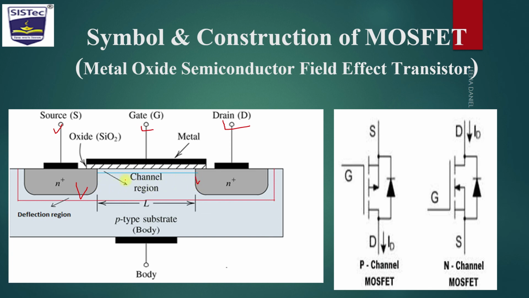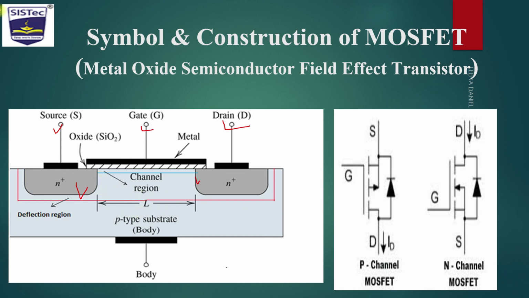This is the channel region, and here two N regions are inserted. So we have to fill this channel with electrons. So how can we achieve this?